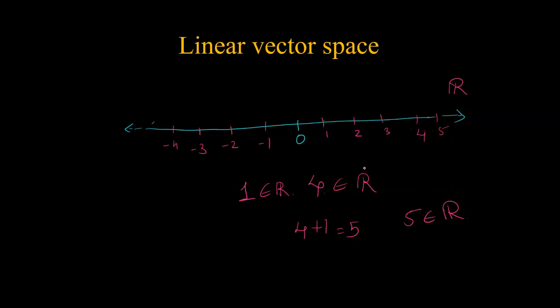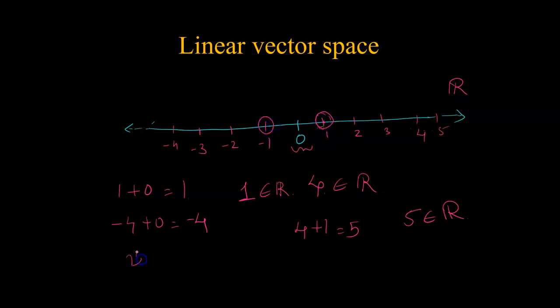Yes. And then there is commutativity and associativity of addition. So of course these numbers follow them. You can check by yourself. There is an existence of a null vector 0 such that 1 plus 0 is equal to 1, or -4 plus 0 is equal to -4. And for each element, I won't call these vectors, but I will call these elements. For each element there is an inverse.